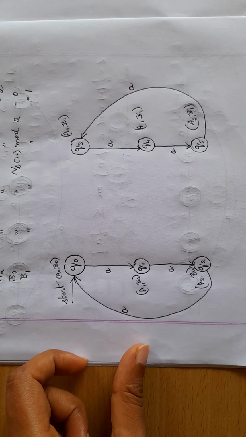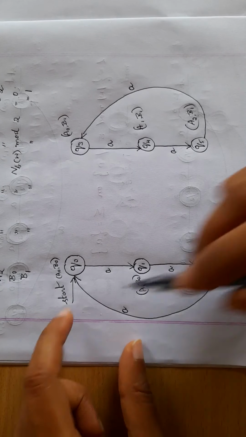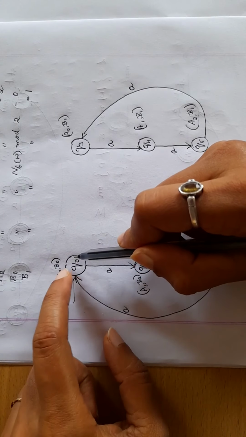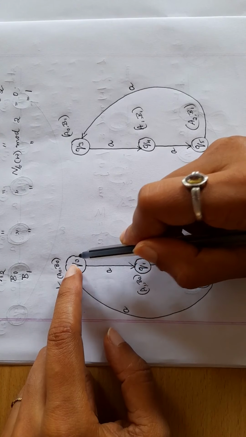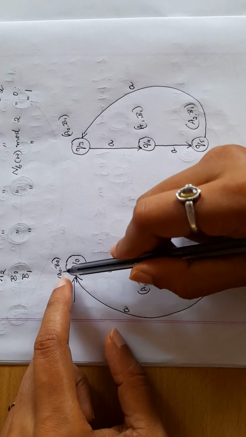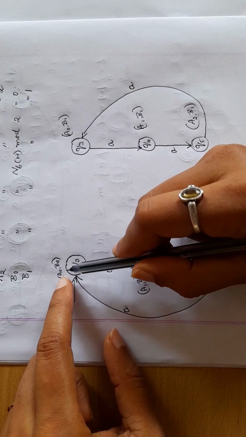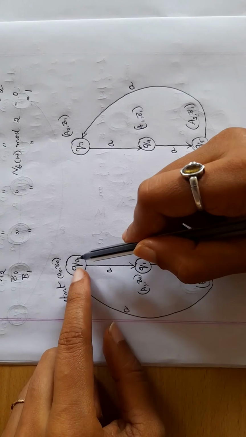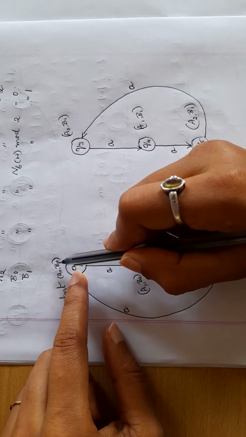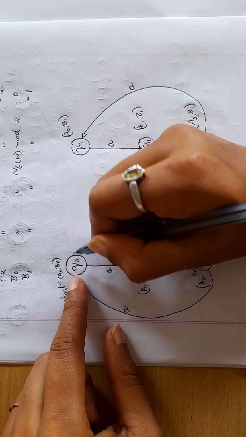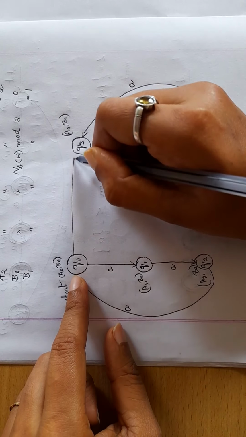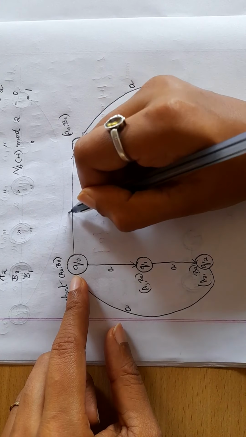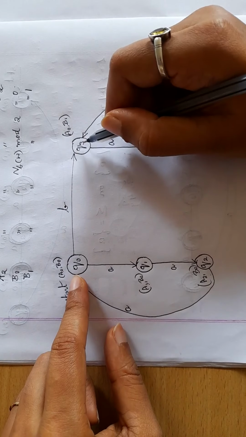Now we shall write with respect to B. From Q0, if I read B, where will it go? From Q0, when I read A, it went from A0 to A1, right? Similarly, from Q0, if I read B, it goes from B0 to B1.